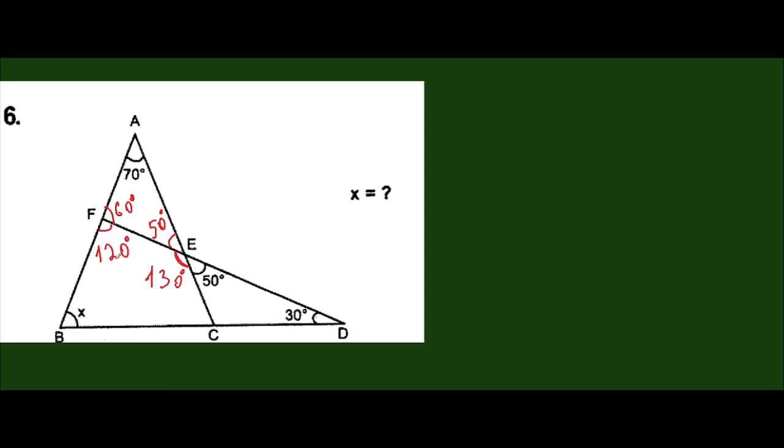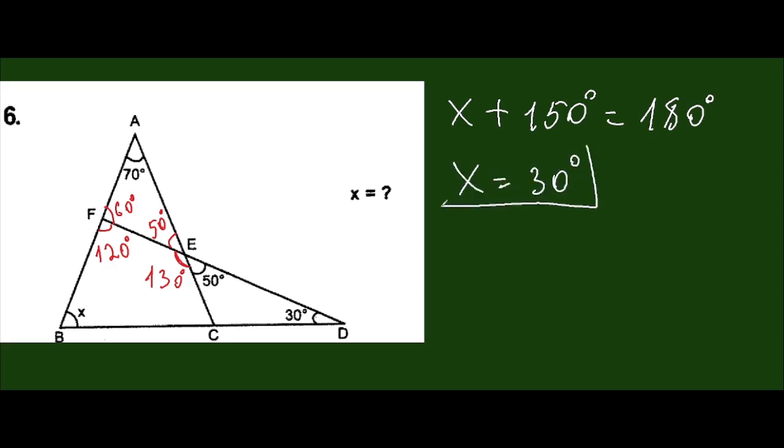So from here we can find from the triangle BFD, see the angle BFD, the triangle. The sum of the interior angles will be 180 degrees. So x plus 120 plus 30 will be equal to 150 degrees, and it will equal 180 degrees. And here x will be equal to 30 degrees.